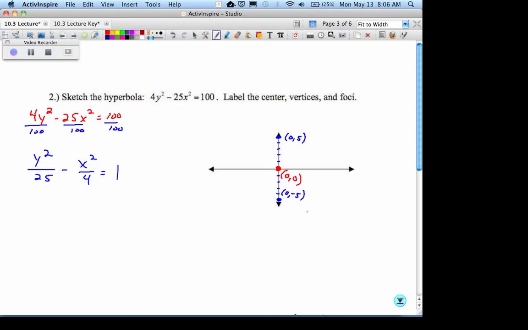So next, I would use under the x is a 4, or you can just count out what's under your y and your x. You can go 1, 2, and up 5. But I just draw.